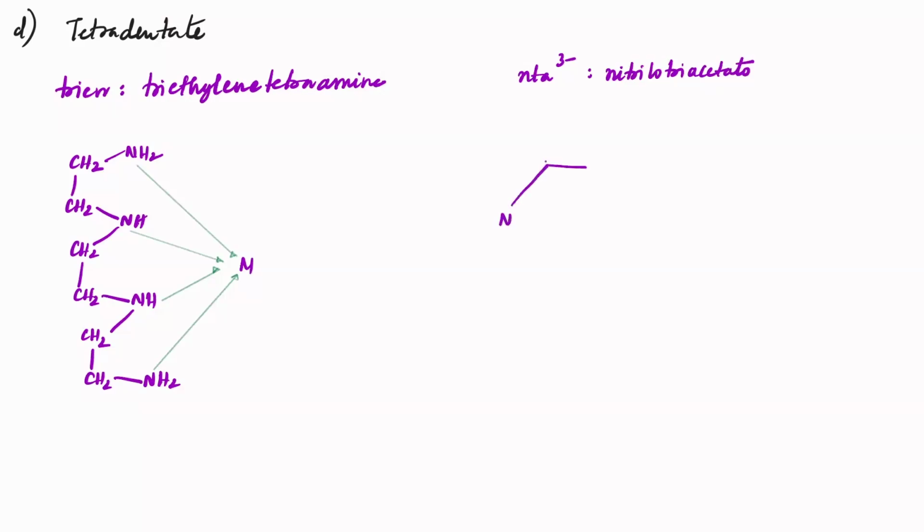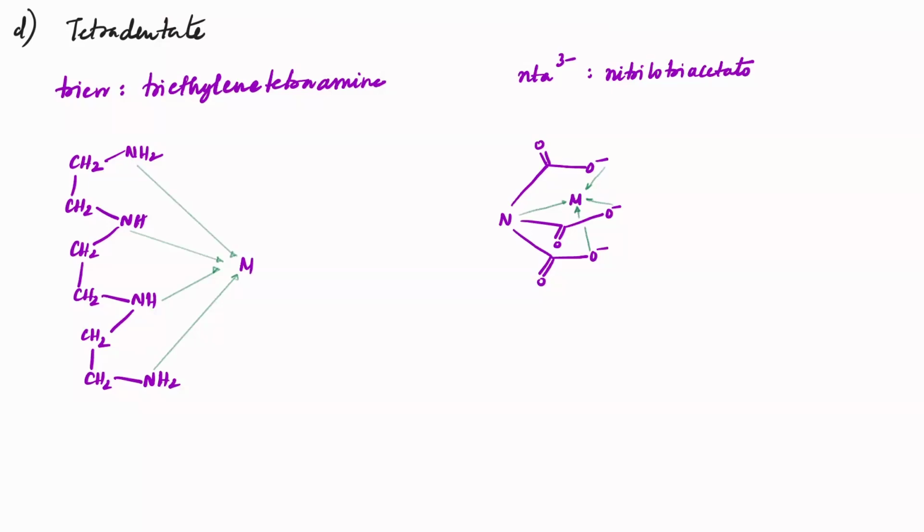So double bond O, O minus. Here also we have double bond O, O minus, double bond O, O minus, and then there is a metal here. So one connection comes from here, one will come from here, one will come from here, the other one will come from this end, like this. This is the way you will get the connections.